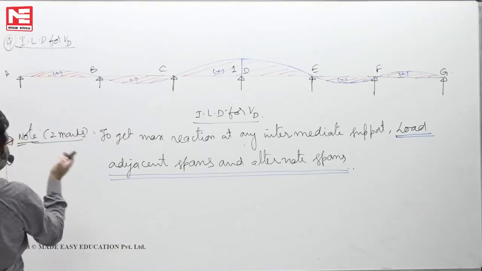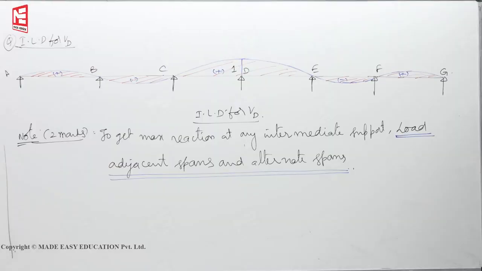Now if you want to draw ILD for moment at D, let us say, that will go something like this.